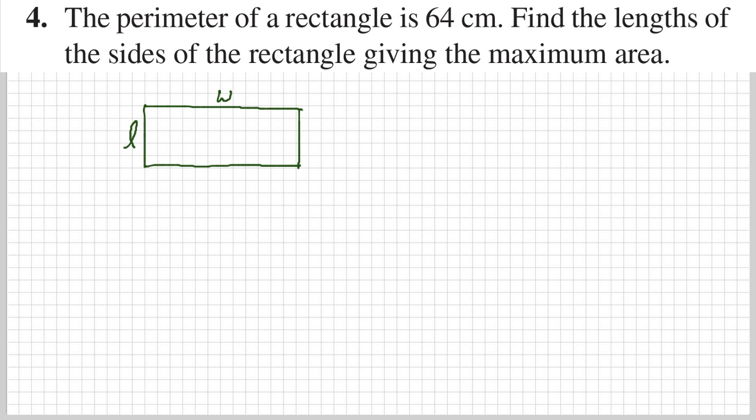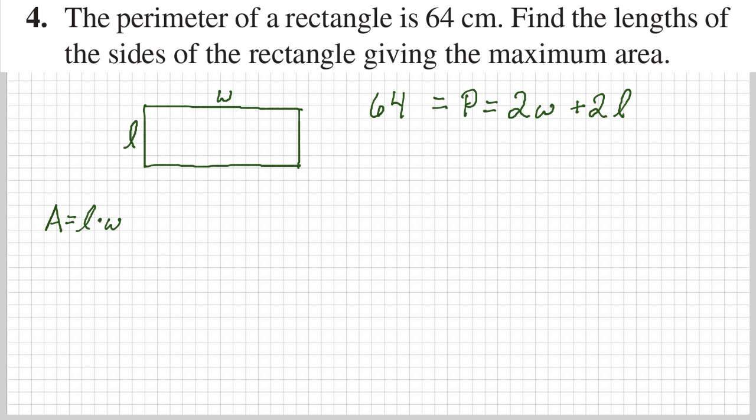So the perimeter, 64 centimeters, is the perimeter. And I have 2 pieces of length W, and then 2 pieces of length L. And I want to maximize the area. And area is equal to length times width. Okay.